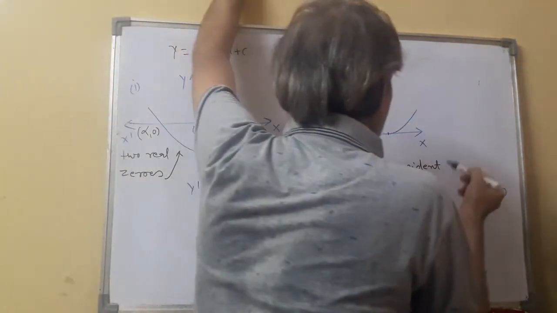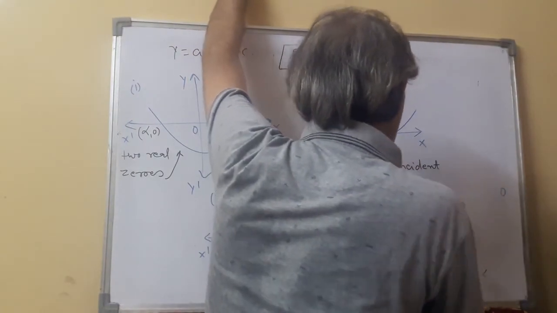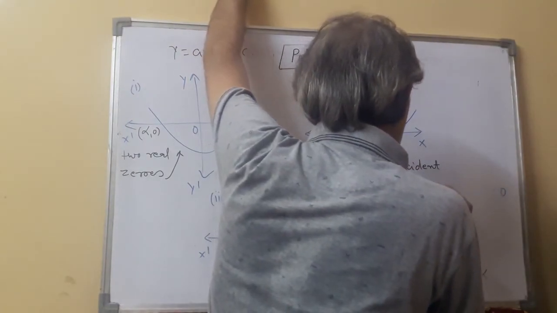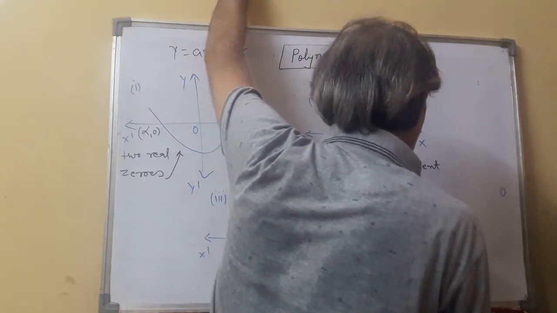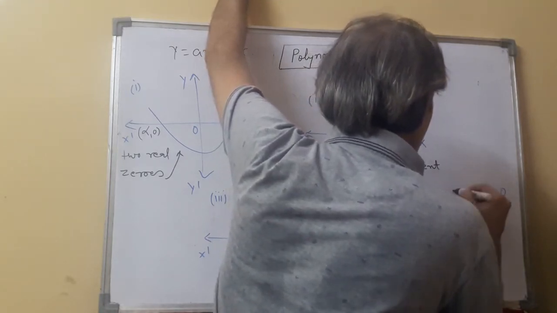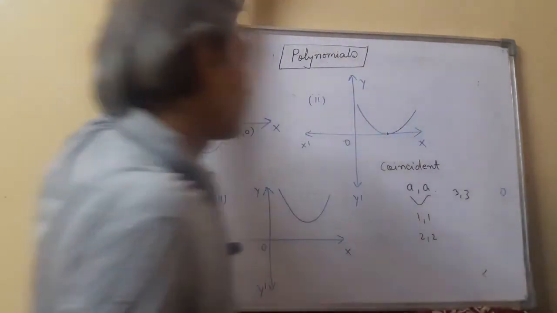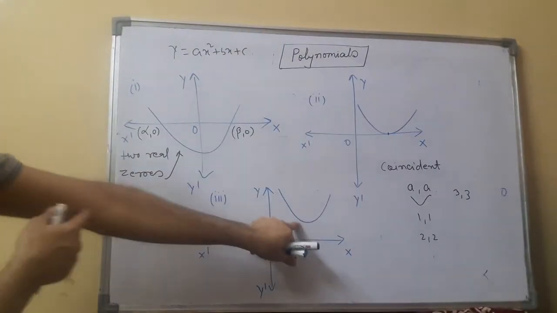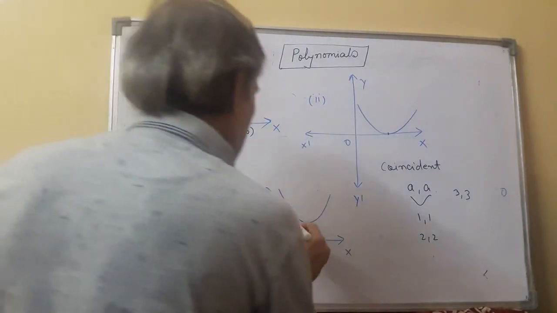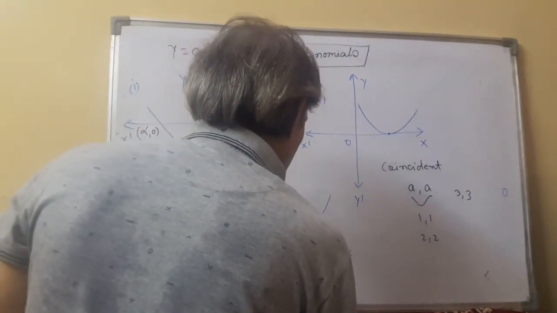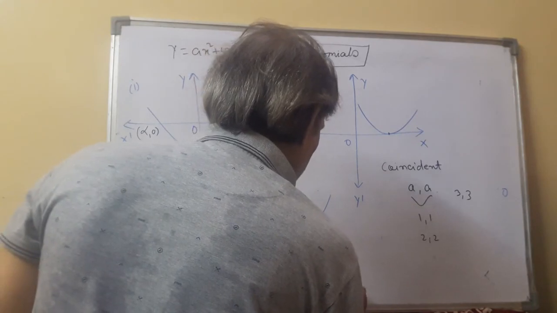Here we will get the same value twice, like 1 1, 2 2, 3 3. And in this case the graph does not cut the x-axis, meaning no real zeros.